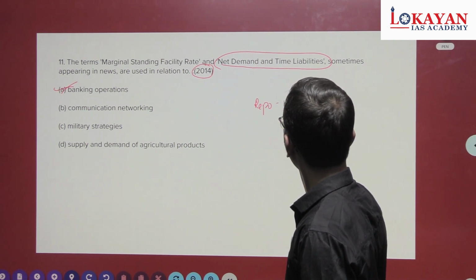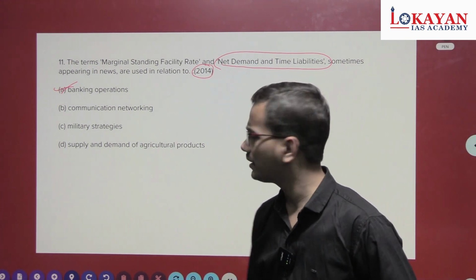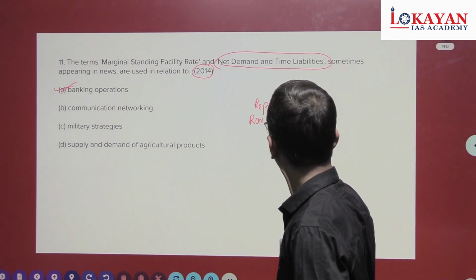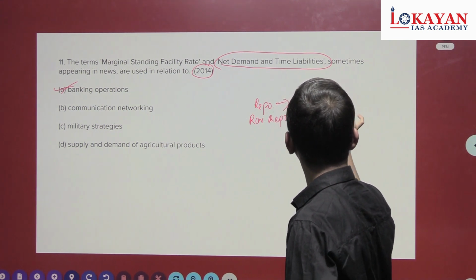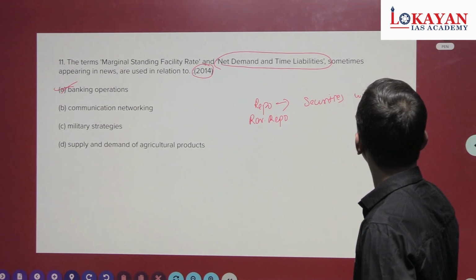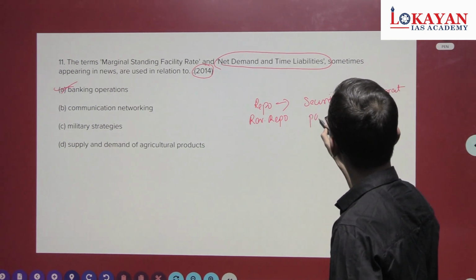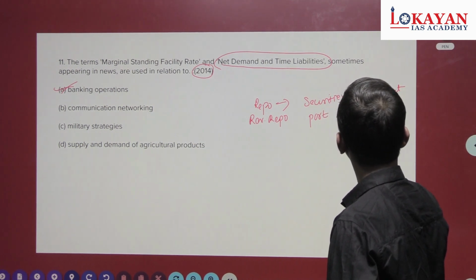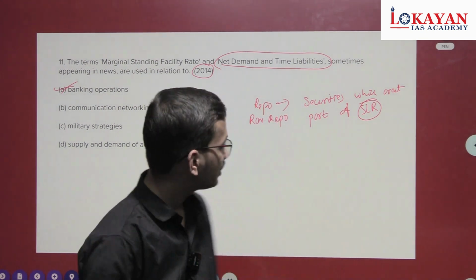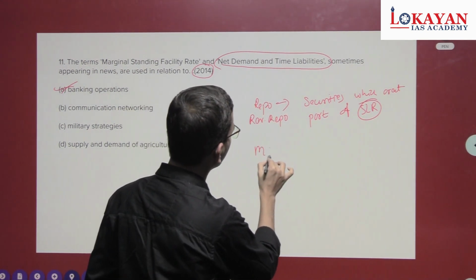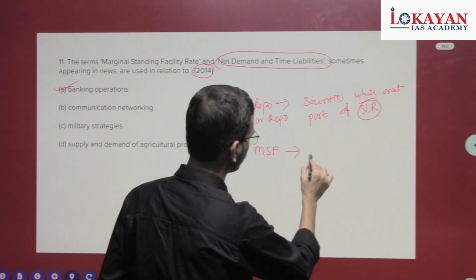See, under repo and reverse repo, banks sell securities which aren't part of SLR. Okay, and under MSF, the marginal standing facility, securities sold are part of SLR.